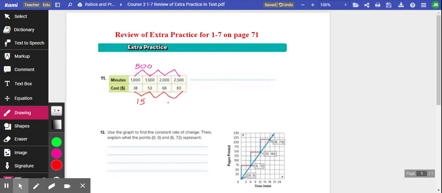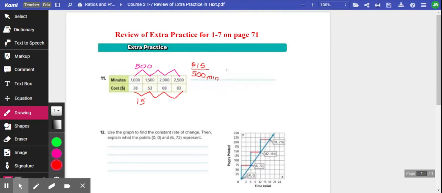Now, to find the constant rate of change, we want to figure out what is the cost per 1 minute. So if I am writing this out, my initial rate is going to show me that I have $15 for 500 minutes.